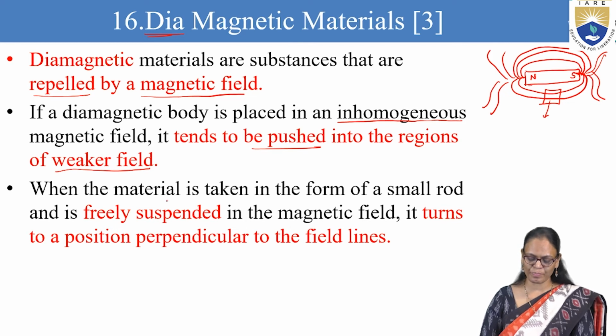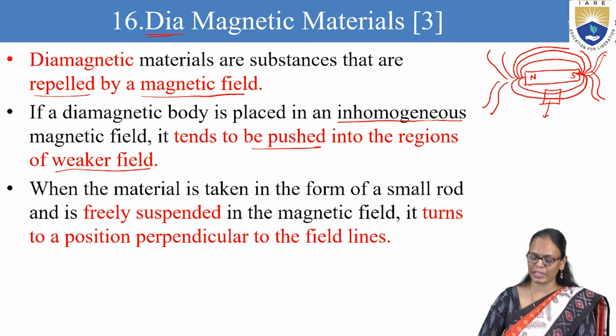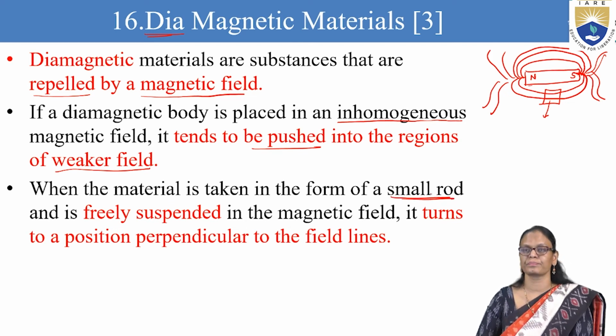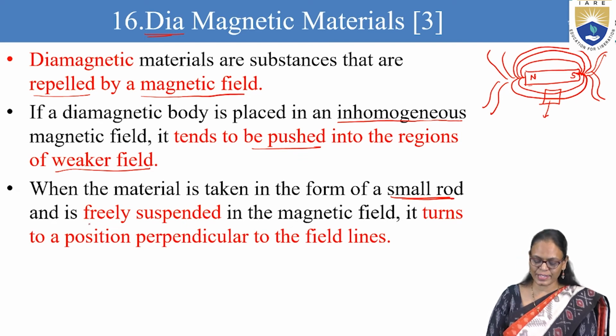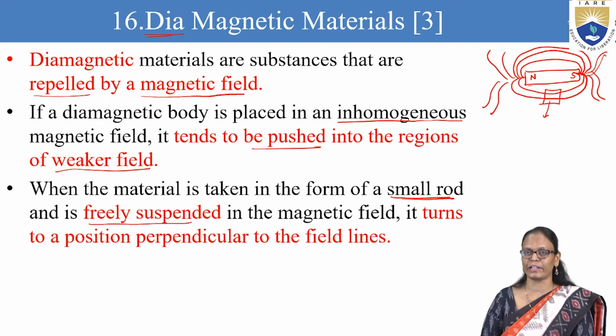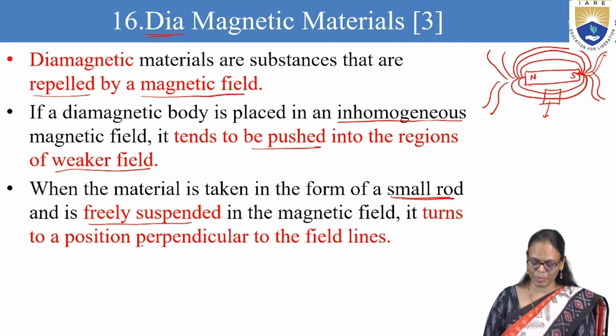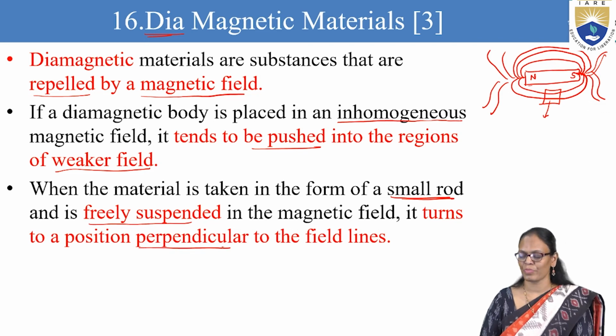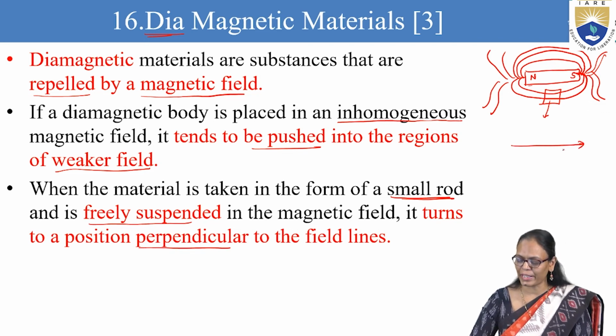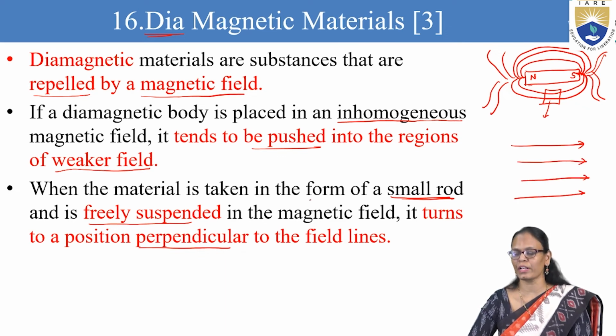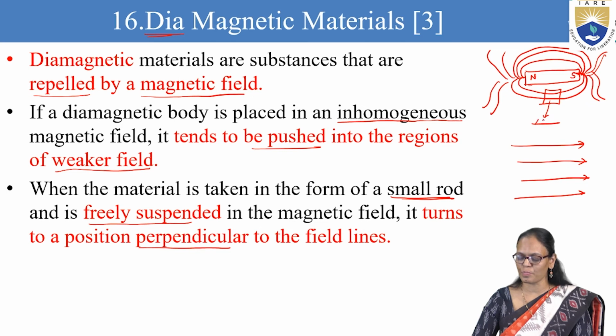And now when we take this diamagnetic material in the form of a rod, and it is freely suspended in a magnetic field, it turns perpendicular to the field lines. Means if you have a magnetic field like this, this is the direction of the magnetic field, and we suspend a diamagnetic material taken in the form of a rod.